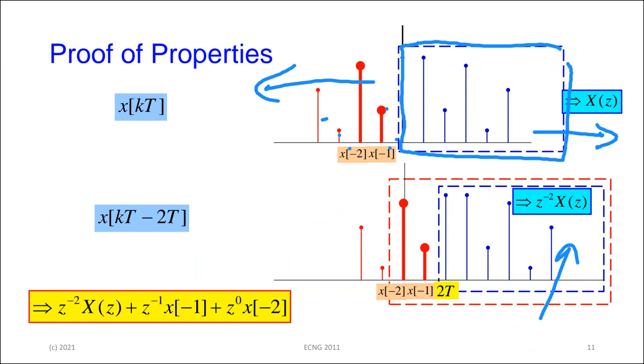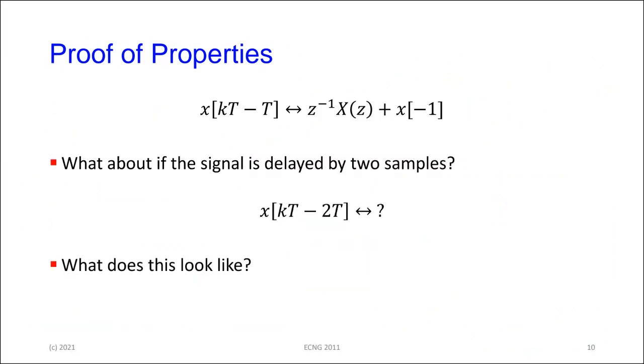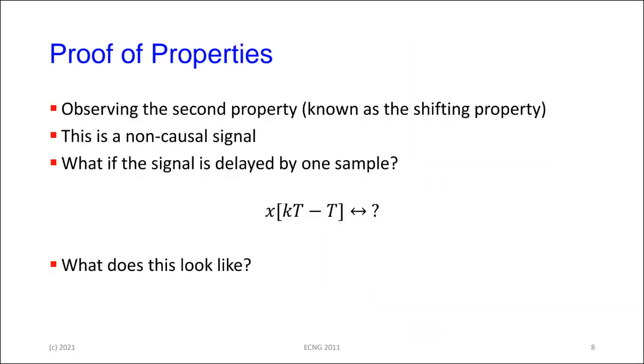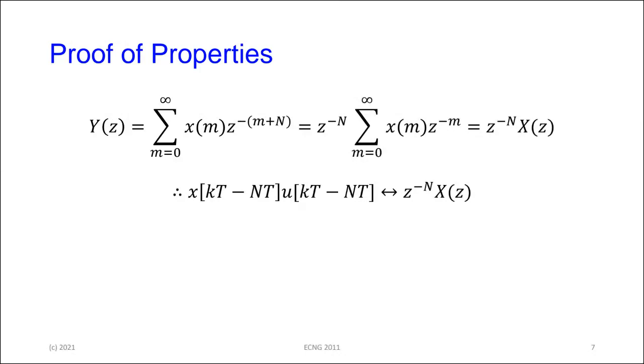In other words, first off, if you take a causal signal, or a causal set of numbers, it's just a set of numbers, keep stressing that, and you delay them, the Z transform is the same as the original Z transform would have been, except you have this z to the minus however much it delays, the delay factor.